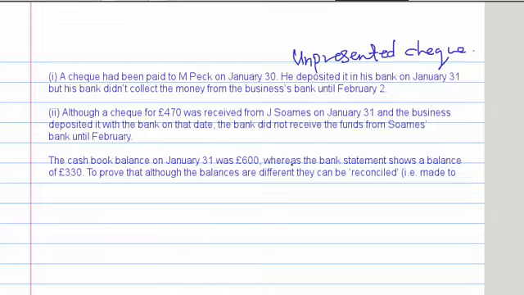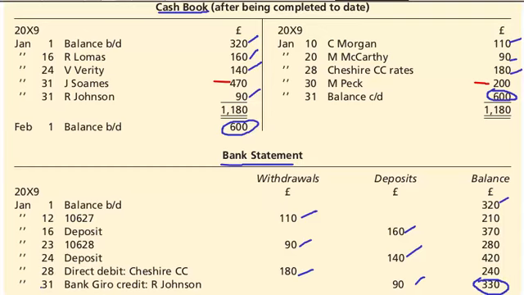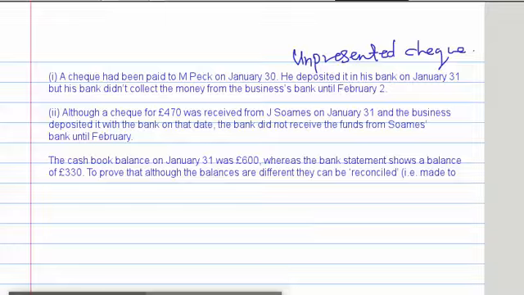So here you have what's known as an unpresented check. And then the next one is for the 470. You've been given more information about that 470, and the information you have is that although a check of 470 was received from JSOMS on 31st January and the business deposited it in the bank on the date, the bank did not receive the funds from JSOMS bank until February, which is a month after the month that you're dealing with.